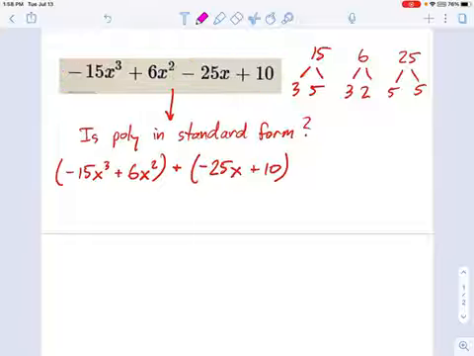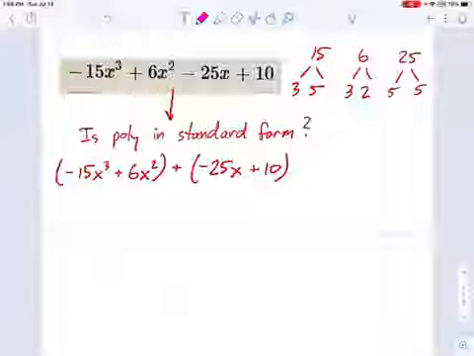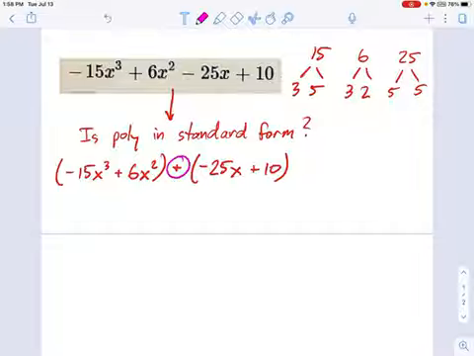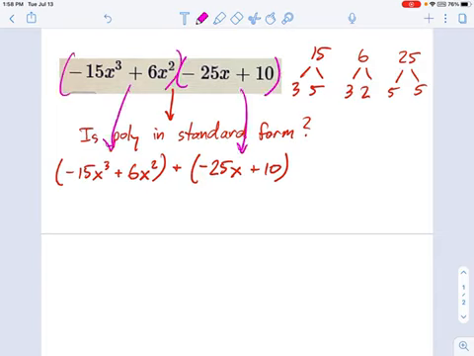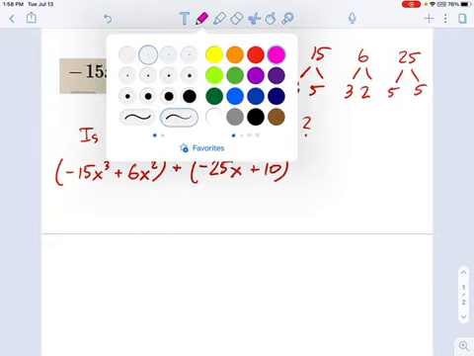See if you can pause the video and convince yourself of why that's not the same as minus 25x plus 10. So you want to make sure that this sign right here is always a positive sign. And you just literally take whatever this thing is and you put it here, and you take whatever this thing is and you put it there. Okay, so those are our 2 groups. And that's really the major error that people make at this point. Now, let's keep on going.